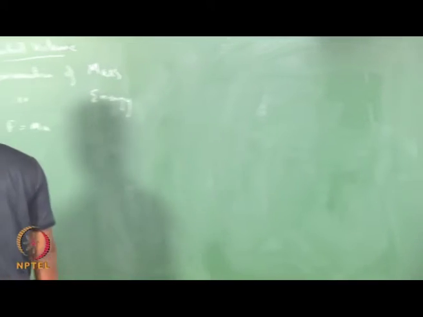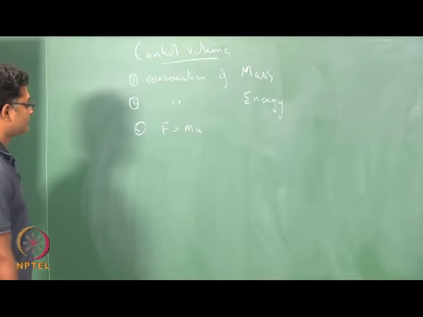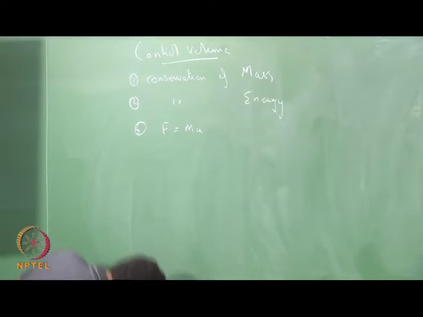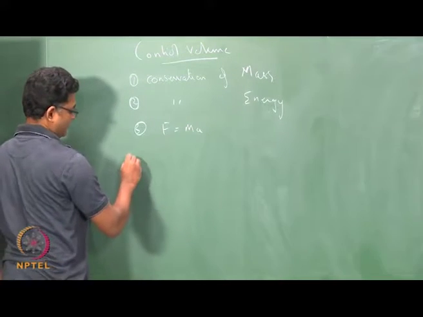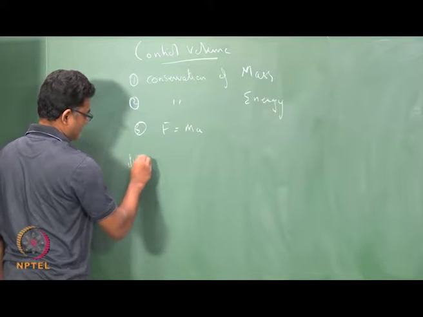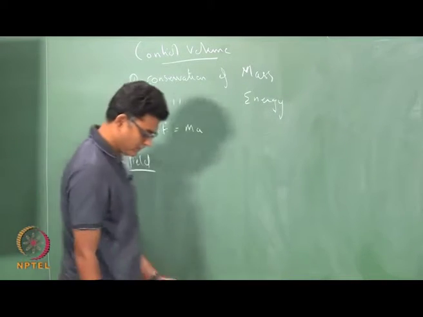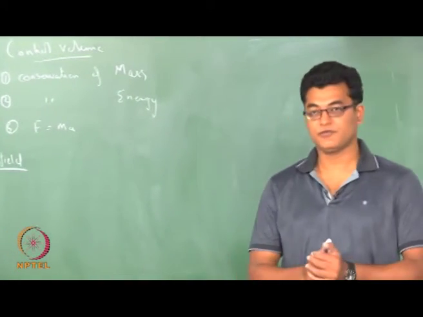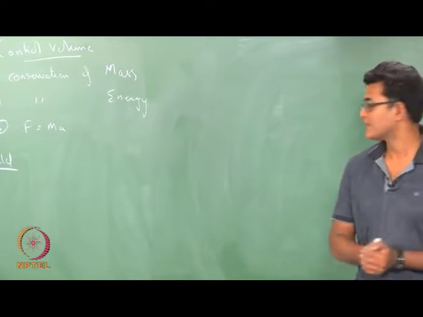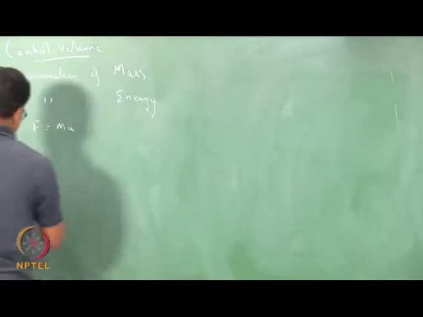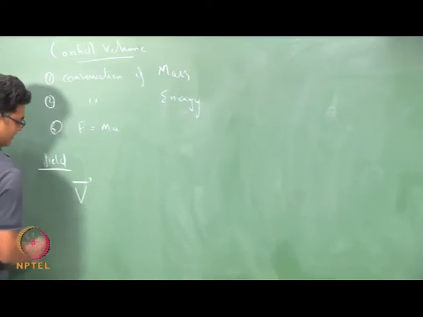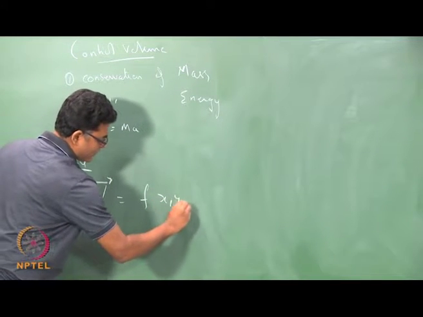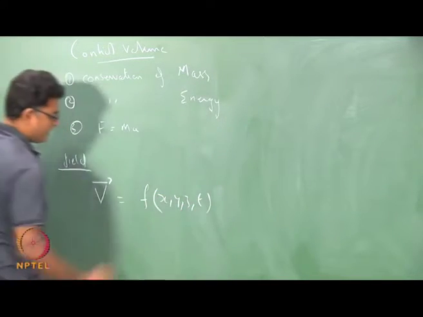So, before we start this, we should understand what is a field, or what is a 2D flow or a 3D flow, what is the dimensionality of the flow. So, your velocity v is a function of x, y, z and t.